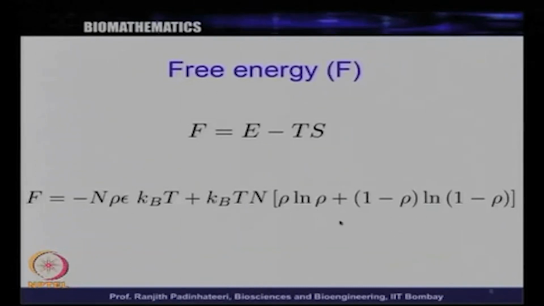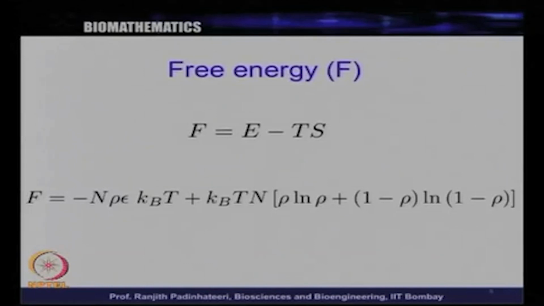The question we have to ask is for what value of rho this will be minimum, that is, what fraction is bound, since rho is basically m by n and so directly proportional to the number of proteins bound. For what value of rho will this f be minimum? That will be the equilibrium value of rho.